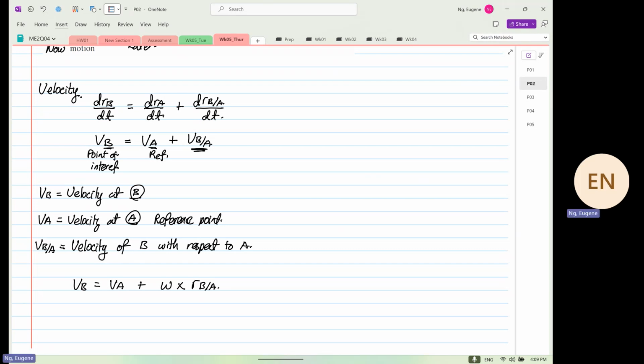Okay. So omega is the angular velocity of the rigid body. Okay.